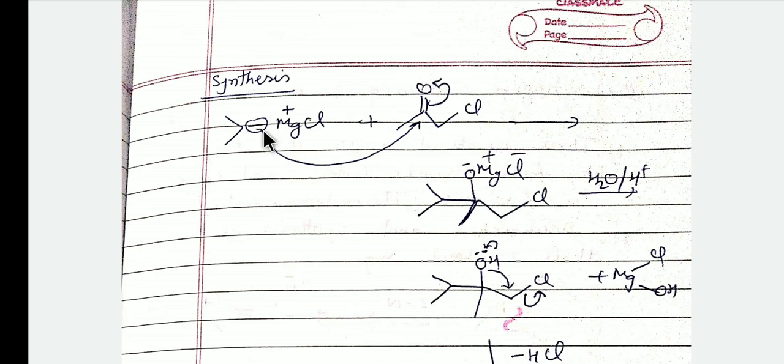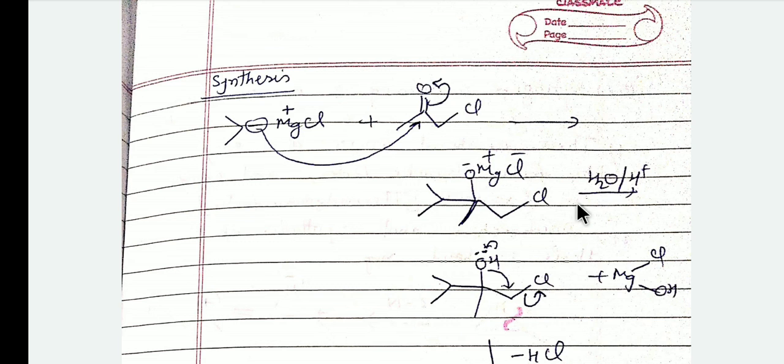Here this carbon has a negative charge, so this carbon and this carbon form a covalent bond, and MgCl forms, in which Mg has the positive charge, so O minus reacts with MgCl plus, so O-MgCl forms a bond here, and C minus forms a bond with this carbon atom. So we can write the structure in this way.